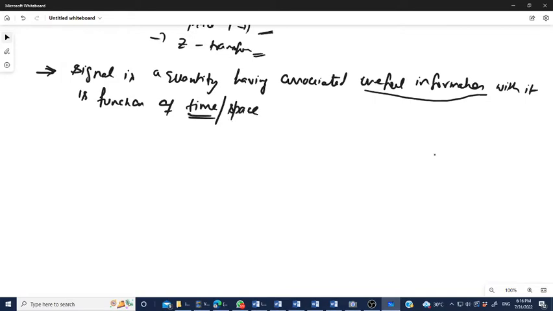Generally we will cover time, but it may depend on space.